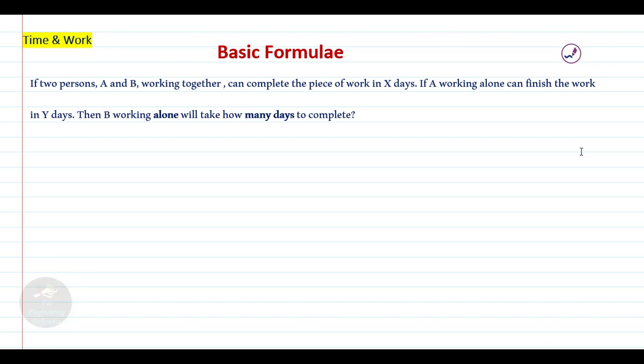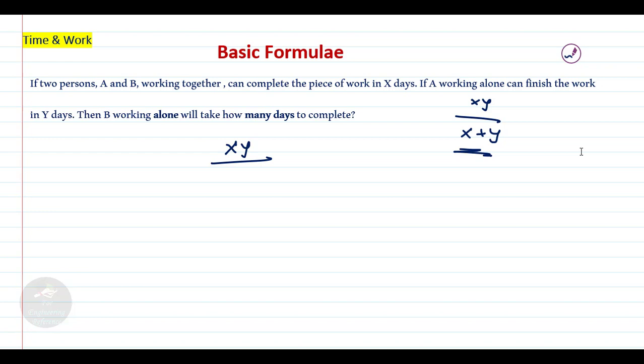What is the formula we know for two persons? So we can just write the formula over here. X y divided by x plus y. So this is the formula which we know if the input is for two persons. Based on the two persons formula, we're going to recreate this formula again. Don't disturb the numerator, just write the numerator. In the denominator we're going to make a small change.